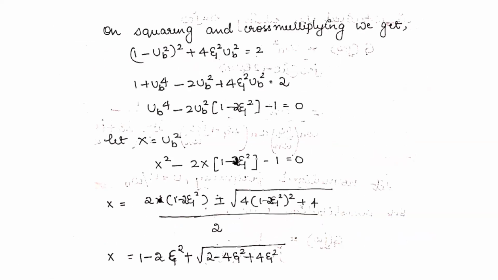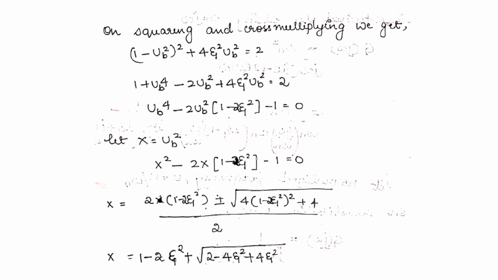Take the variable ub square as x, so here it becomes x square and here it is x. Now find the expression for x using the formula: minus b plus or minus root of b square minus 4ac, all over 2a.